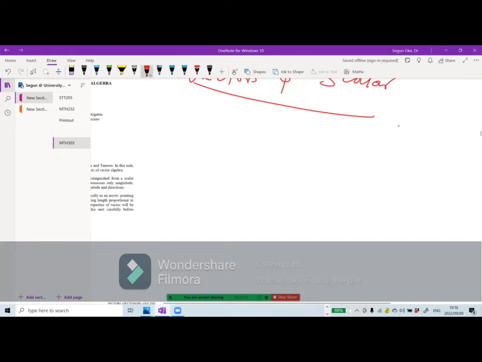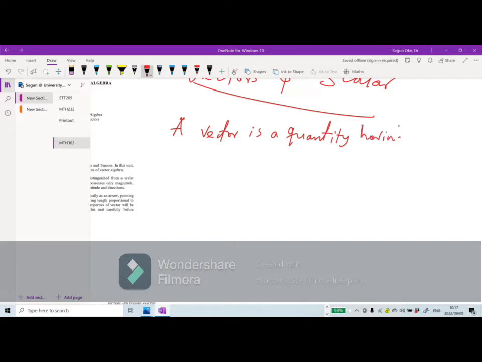So let's write: a vector is a quantity having both magnitude and direction.